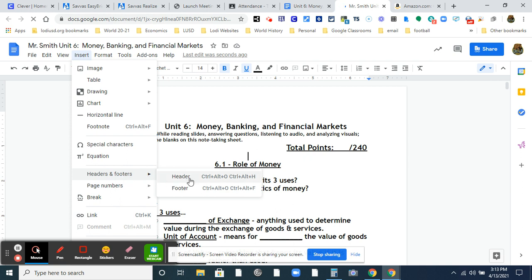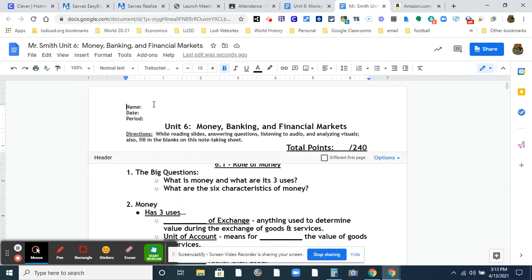That way it's on each and every page, and then you choose header, and it'll pop you right in there. And put your name, date, and it'll actually be on every single page at the top. Overall, it's going to be worth 240 points. Let's use period 3, third period today. To get out, you just click out.